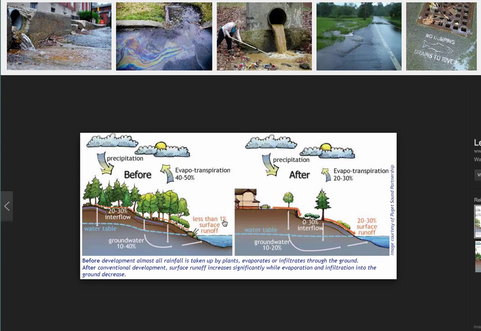And it used to be less than 1% surface runoff would actually come over the top. And now with all of our roads, etc., apparently, according to this, there's 20 to 30% surface runoff instead of 1%, and less going into the ground and getting cleaned naturally. So all the pollutants end up in the water directly.